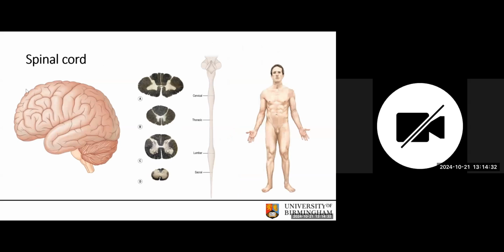If we look at the different structures here, we have the brain. Then we have the spinal cord. When we look at the brain, to make your life easier, if you need to identify it in the prosectorium, identify this structure. That is the cerebellum.